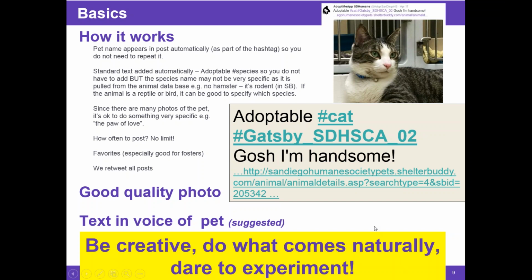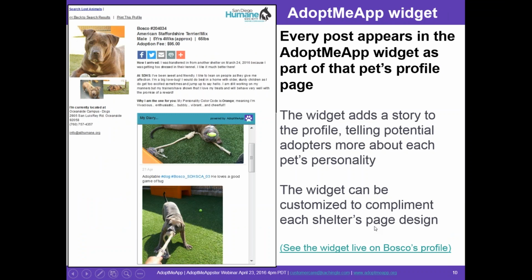Okay, Rob now is going to talk about the widget. And here again, we're using a pet from San Diego, this is Bosco.